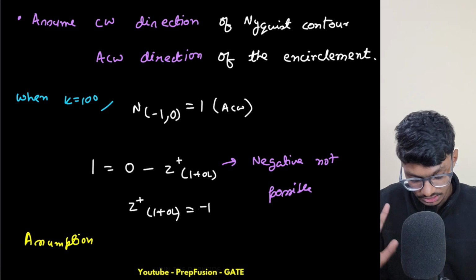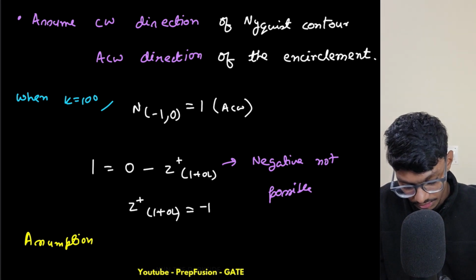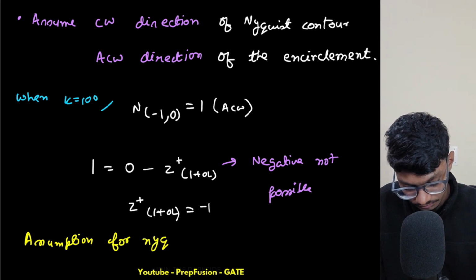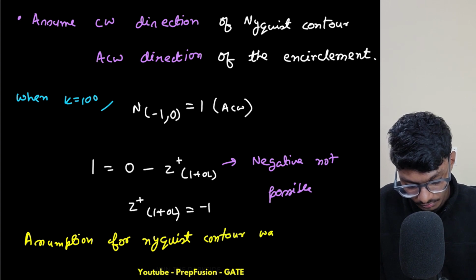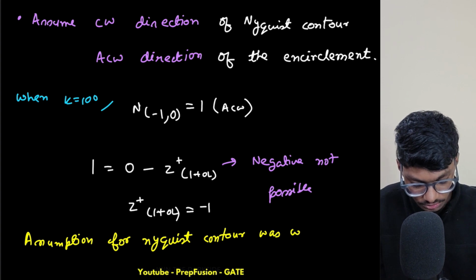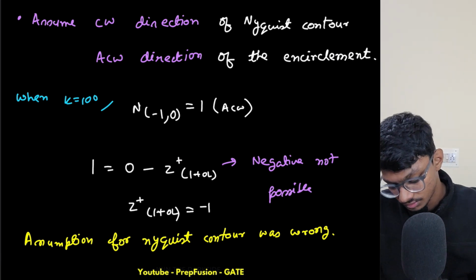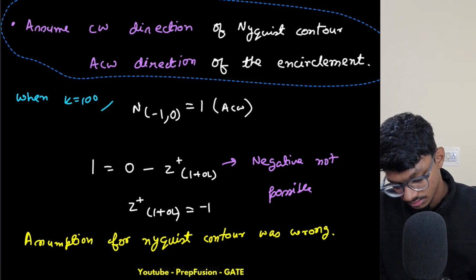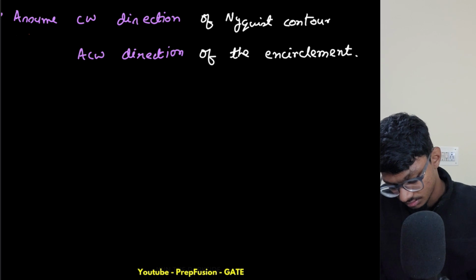So now this is getting wrong, so what I will write is, my assumption for Nyquist was wrong. Then what is my assumption?